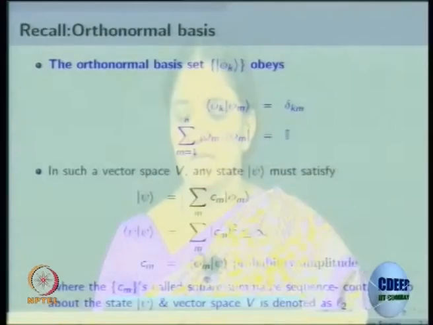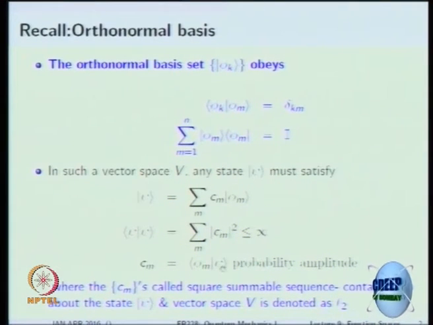In the literature, the Cm, which is finding the probability of finding the state in phi m, that Cm is what we call a probability amplitude, and mod Cm squared is what we call the probability of finding the state.